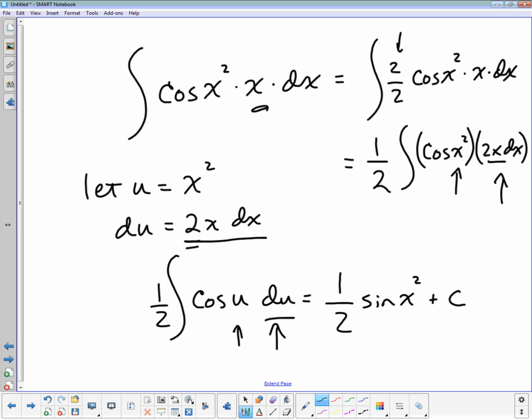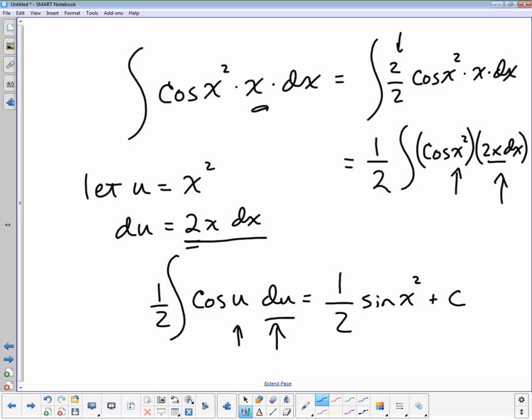The plus c is always going to be there when you're doing indefinite integration. The du is telling me, take an integral with respect to u, just like I would be taking an integral with respect to x. So we are integrating by looking at a different variable.